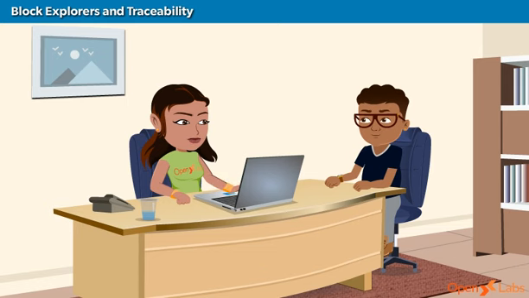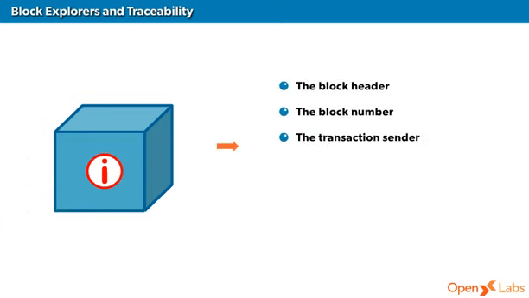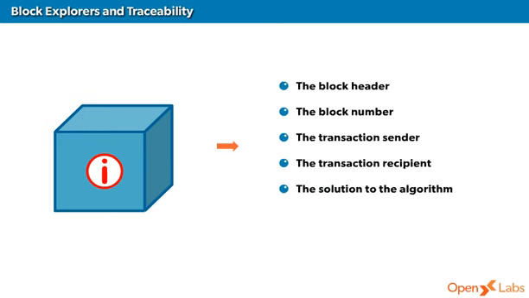In the case of Bitcoin, the information stored in the blockchain, that is, the transaction level includes the block header, the block number, the transaction sender, the transaction recipient, the solution to the algorithm, the fee to process the transaction, and a timestamp.